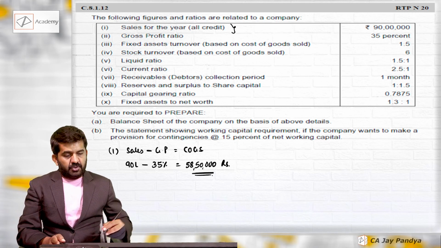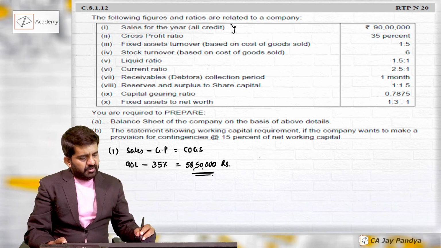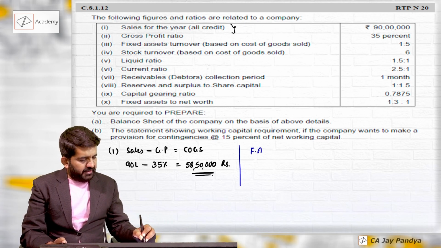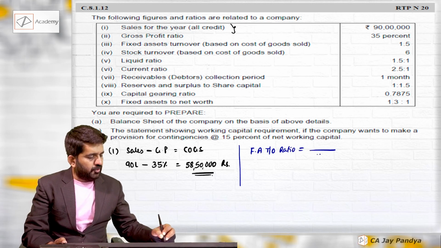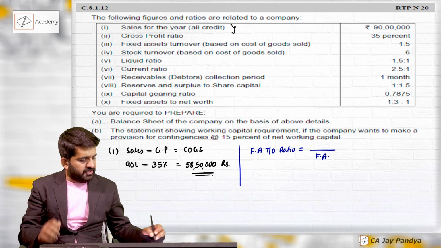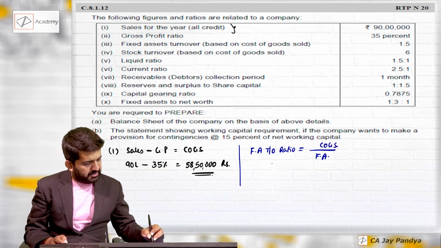Got answer of COGS? Fixed asset turnover ratio based upon COGS. In turnover ratio, for what you are finding out turnover is written in denominator. In numerator, normally sales is written. This is based upon COGS, so this is COGS.